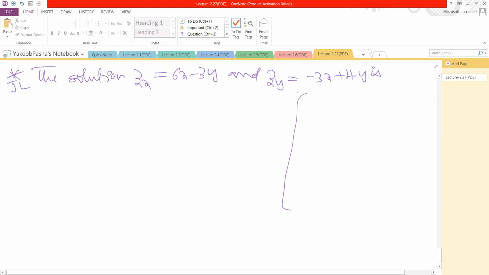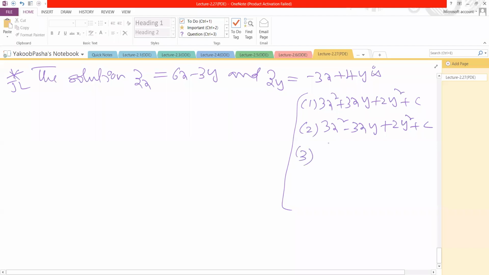First, I am taking the options. First option: 3x² + 3xy + 2y² + c. Second option: 3x² − 3xy + 2y² + c.